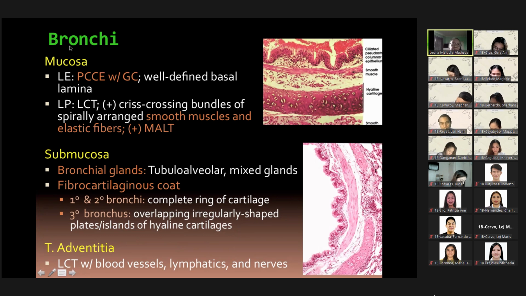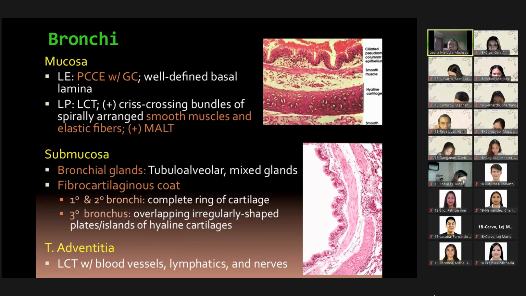Since this is in the bronchi, of course, we call them bronchial glands. Like if it's in the trachea, you say tracheal glands and so forth. And right after the glands, as you can see, we have the fibrocartilaginous layer, which, by the way, take note, is a complete ring, as you can see here in the picture. It's a complete ring in the primary and the secondary bronchus.